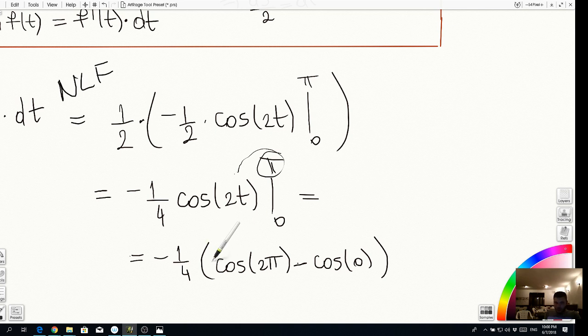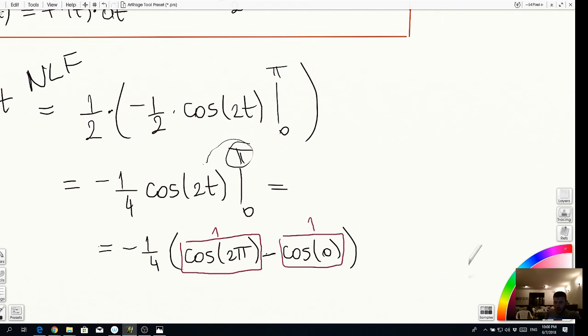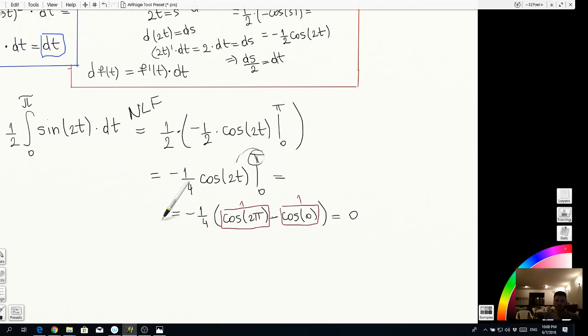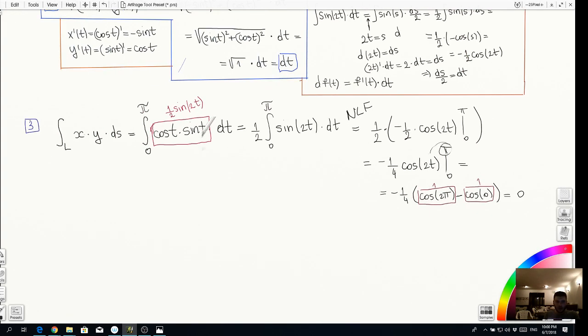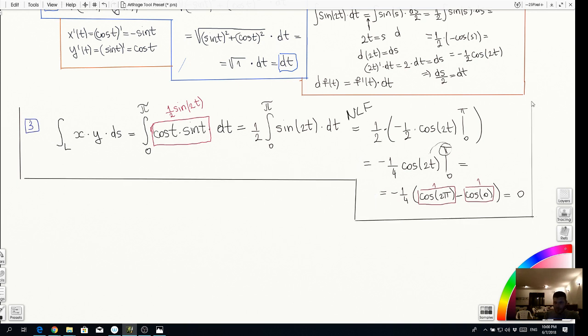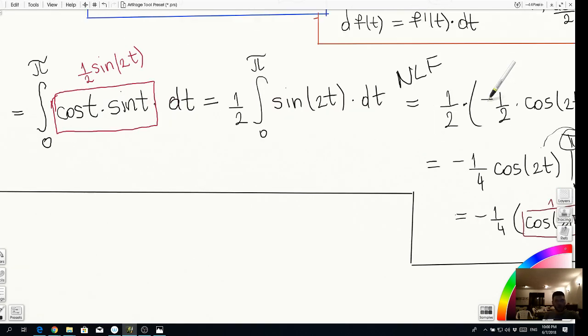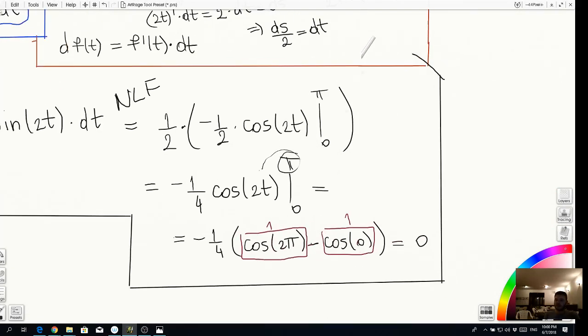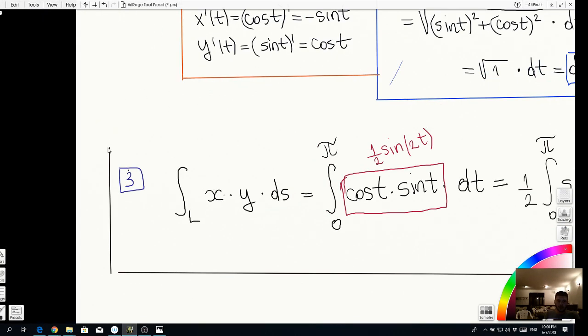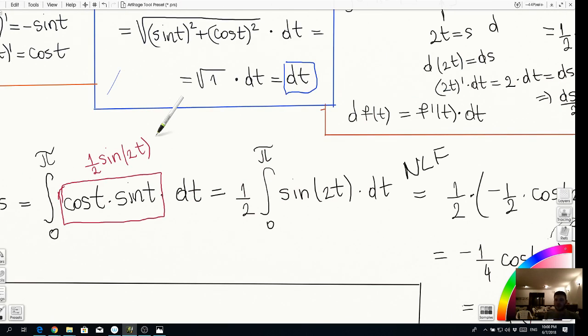This is equal to 1, and this is equal to 1, so our result here is equal to 0. Okay, third step, let's frame this third step thing. Okay, nice.